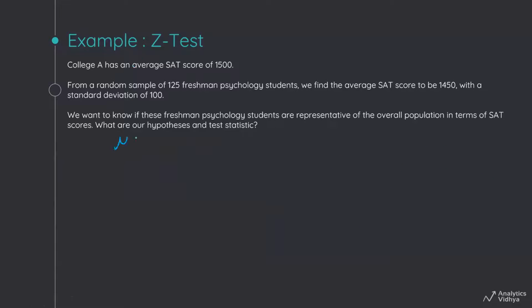So my mu again is 1500. The number of samples is 125 students. My sample average is 1450, and my sample standard deviation is 100. We know that the z score is x minus mu divided by sigma by root n. So this is the formula. What we do now is we substitute this.